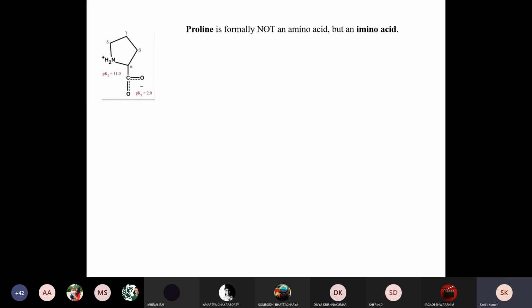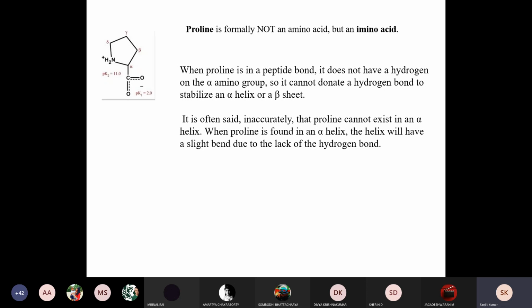One more thing that I am going to discuss during the course also. Proline is formally not an amino acid but an imino acid. When proline is in a peptide bond, it does not have a hydrogen on the alpha amino group.